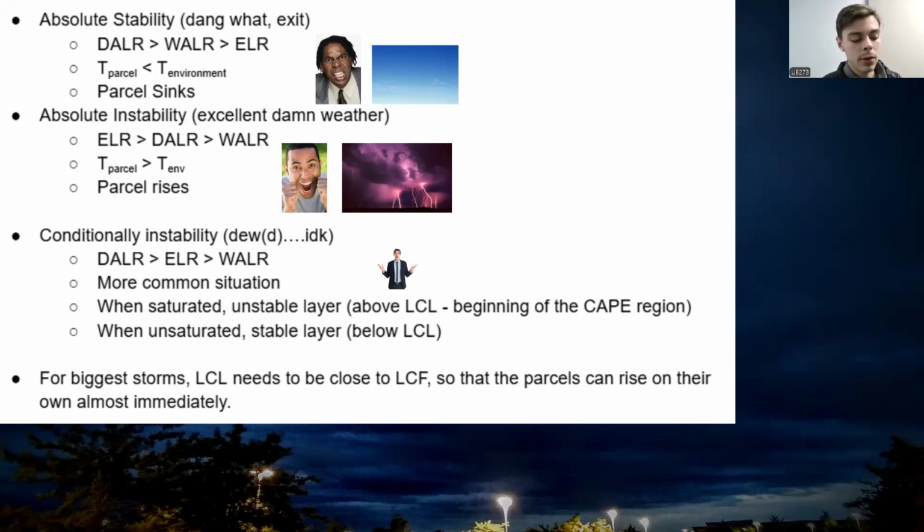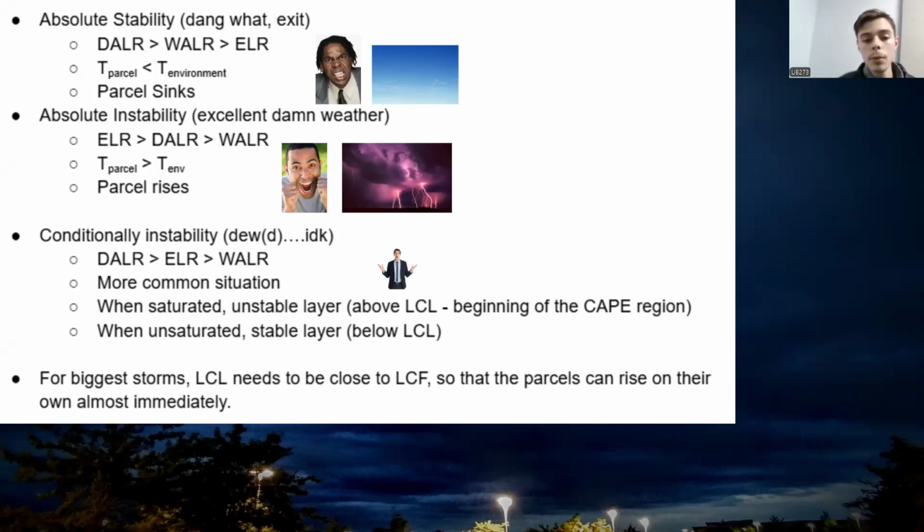And so it's going to end up being warmer than the environment, because the environment was able to cool quicker. See, the rate's the biggest. So the parcel ends up being warmer than the environment, and if it's warmer than the environment, it rises. And if we have a lot of rising motion, you can end up having convection occurring, and clouds will end up building, and we have a higher chance of thunderstorms and severe weather.